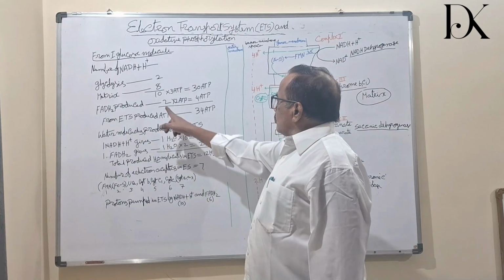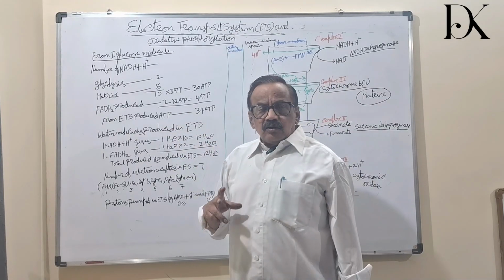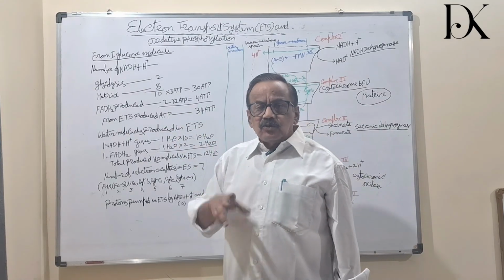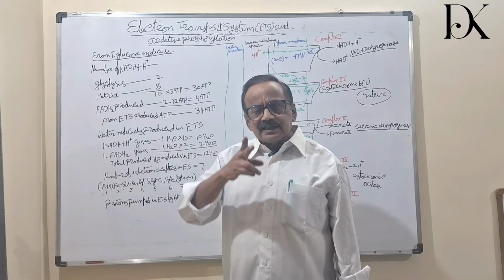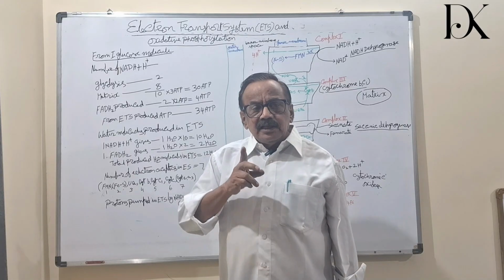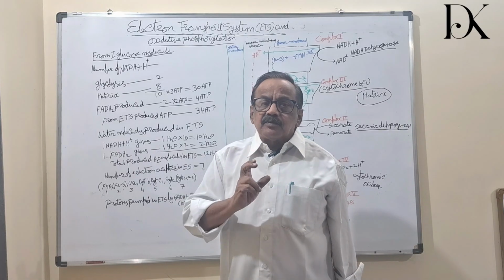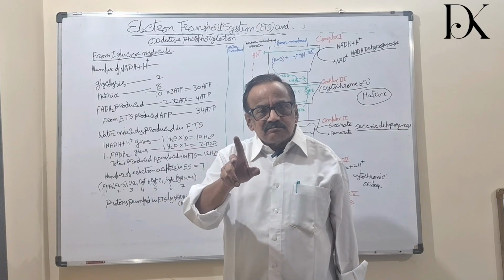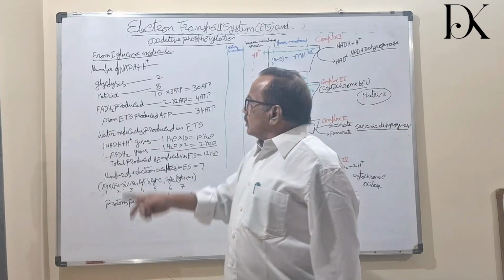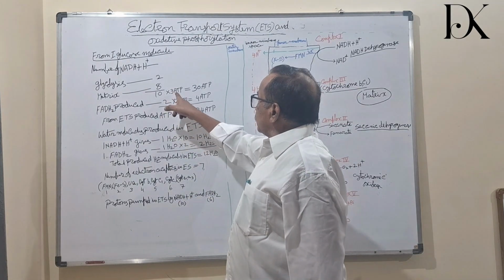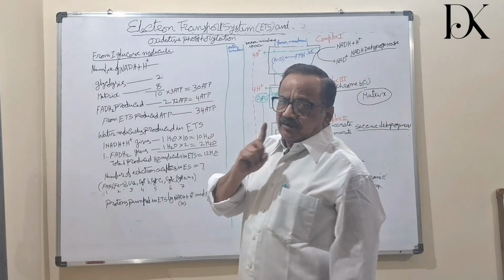That's all. Now how many ATP will be produced through NADH from one glucose molecule in ETS? This is also a question. That is 10 into 3 ATP, that is 30 ATP.